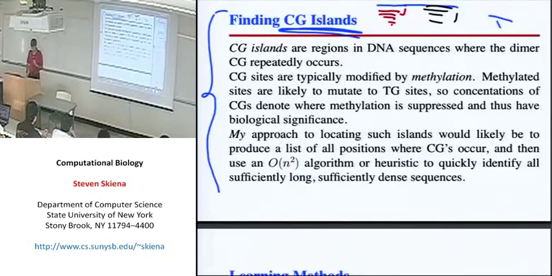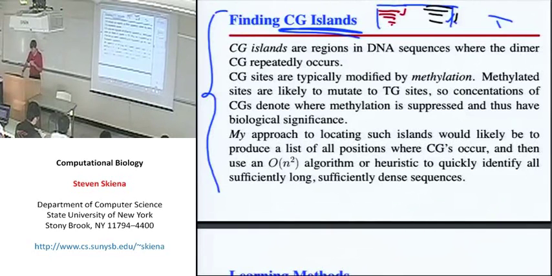Okay? But I'd like to now talk about a problem where, again, just like gene prediction, we imagine a world where we're going to be identifying what some things are sequences of interest, some things are not sequences of interest. You give me a bunch of training examples, and I'd like to try to separate them.